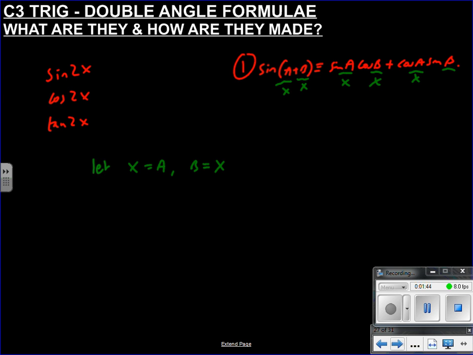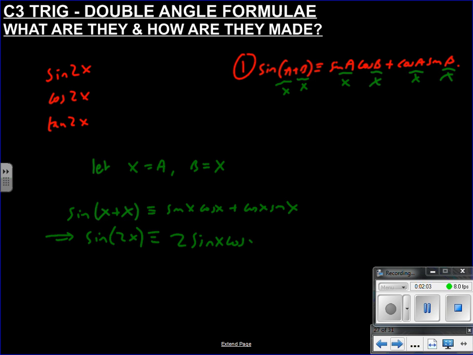Sine x plus x becomes sine x cos x plus cos x sine x. We've got two lots, so sine 2x is the same as 2 sine x cos x.